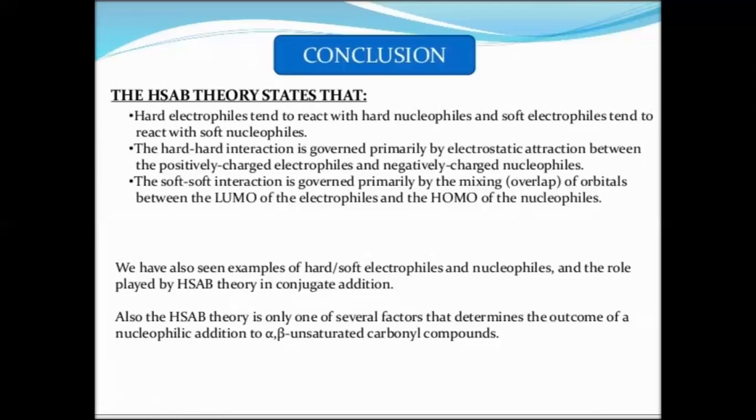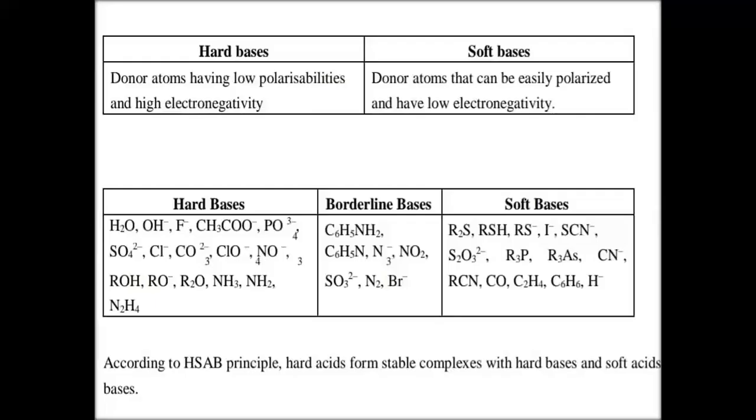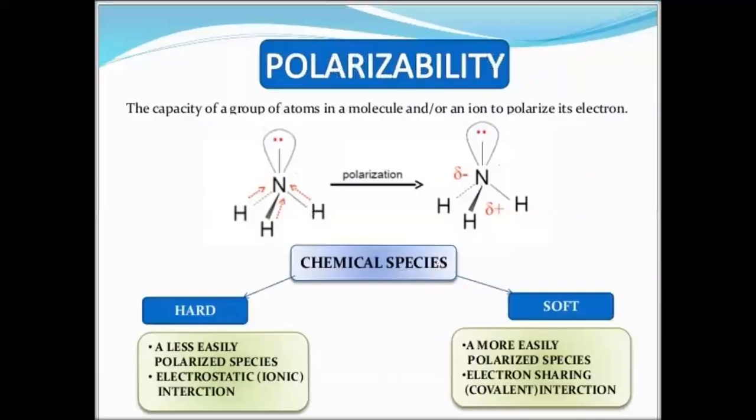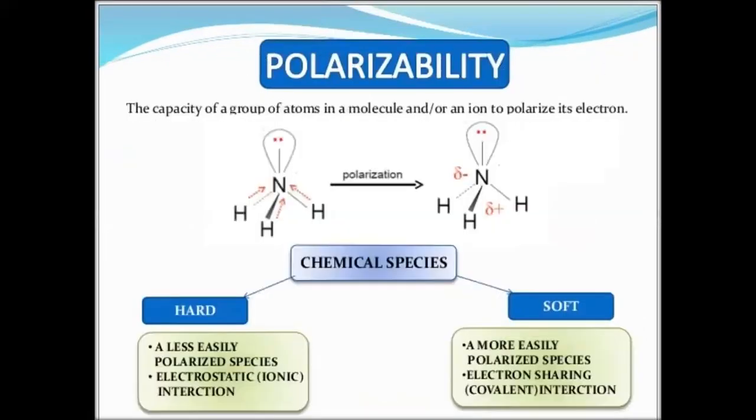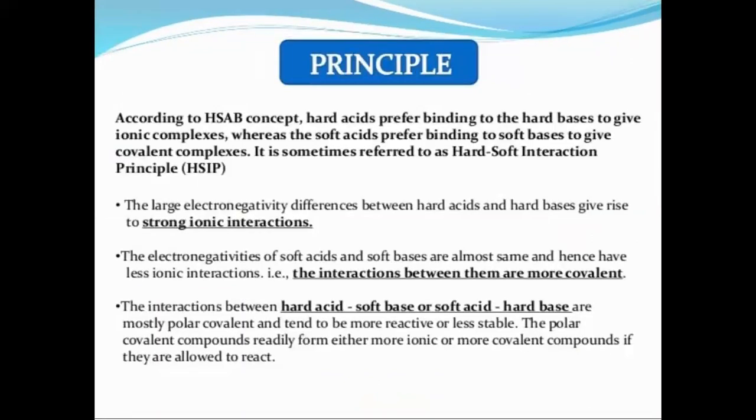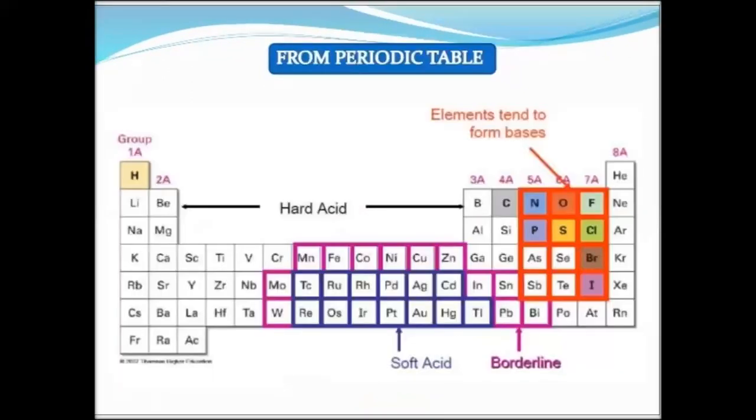So I hope you have understood today's class. Today's class was on the Pearson theory. What is the Pearson theory? HSAB theory and the types of acids and bases, what the borderlines are, what polarizability is, how a molecule becomes polarizable, what the HSAB principle is, and what the hard and soft acids and bases are in the periodic table.